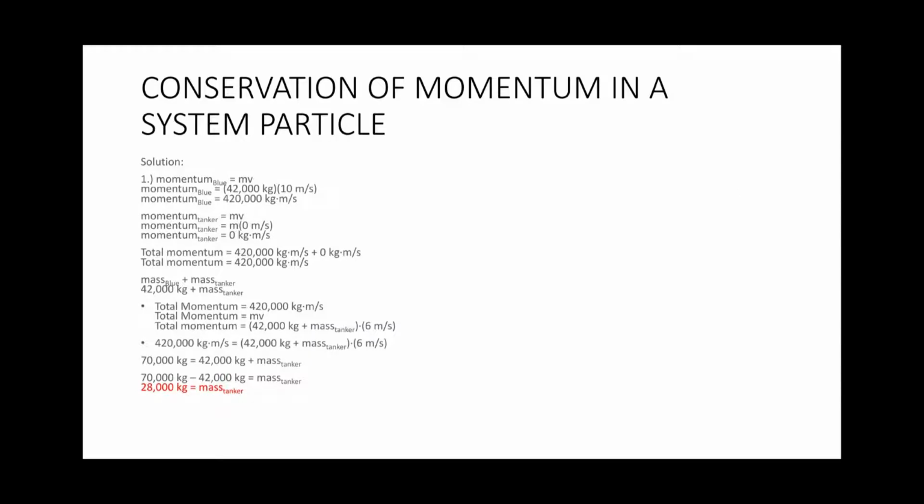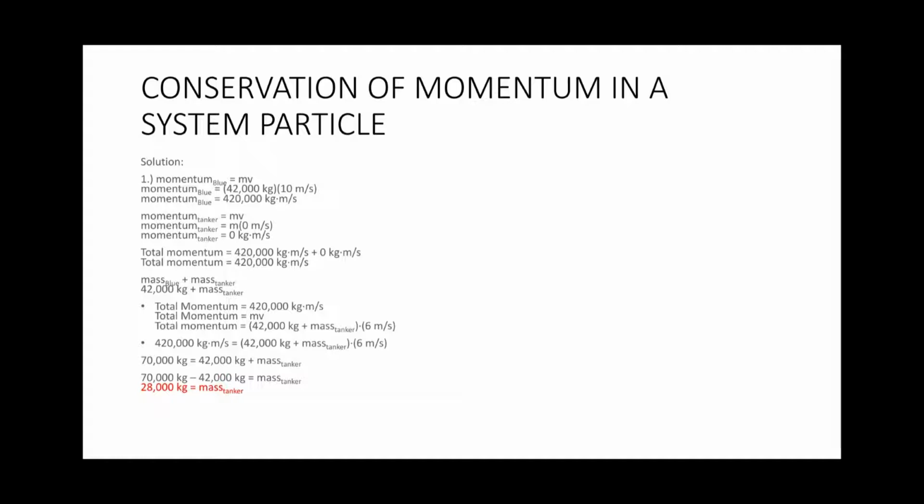Here's the solution for problem number 1. In a closed system, momentum is conserved. This means the total momentum of the system remains unchanged. Before the collision, the momentum was the sum of the momenta of both train cars. Momentum of the blue car equals mv, which is mass times velocity: 42,000 multiplied by 10 meters per second, giving 420,000 kilogram meters per second.